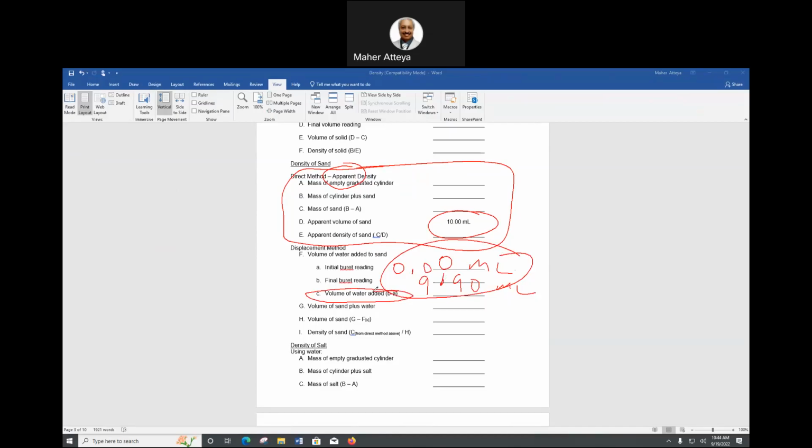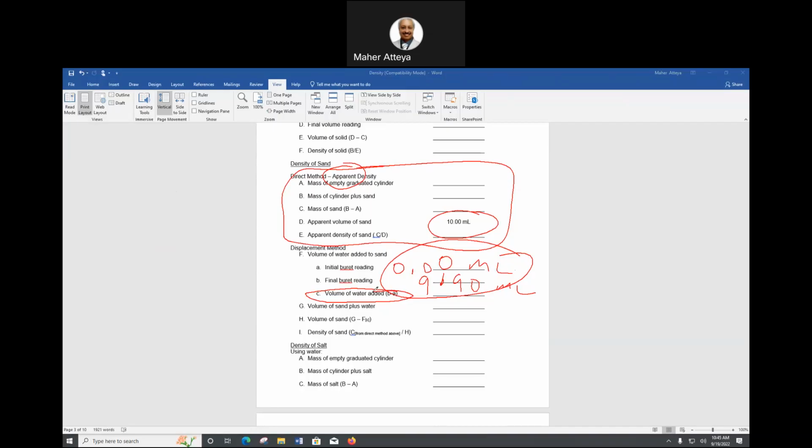So now you have the exact amount from the burette. Are you following? Now you will start mixing. When you start mixing, the volume after mixing might not be 9.00, correct? Are you following me here? It will be a little bit off.